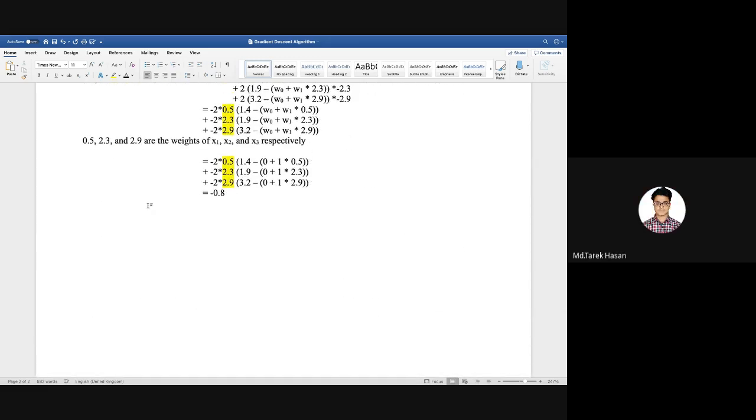Yes, sir. The step size is basically this value, minus 0.8, times our learning rate 0.01, right? Right, sir. Which is basically minus 0.008, right?